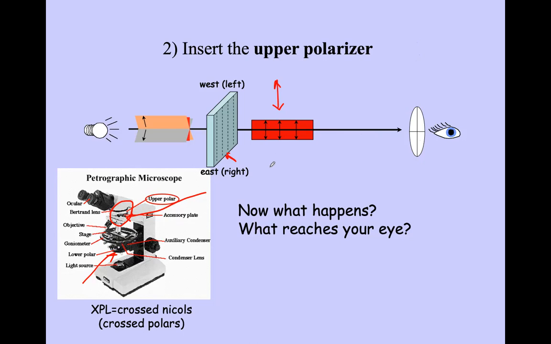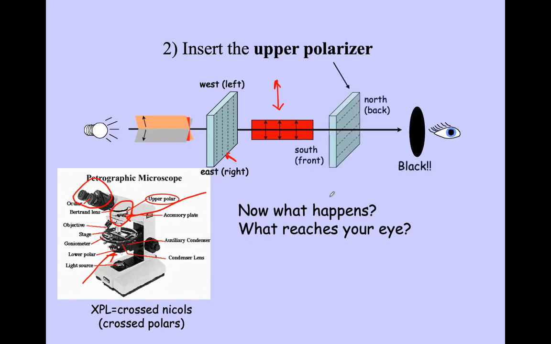So from the ocular, the eyepiece, you will see some brightness when the light is coming. If no light is there, you will see nothing except dark black through these lenses.